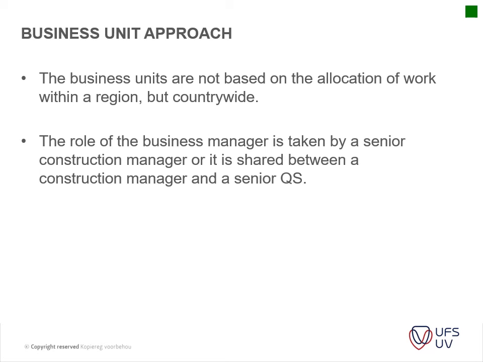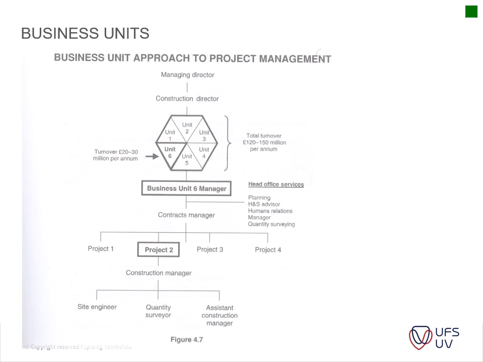Okay, the business unit approach is basically the same, but your business is divided in such a manner that the organizations are divided according to the work, and not within a region, but also countrywide. So the role of the business manager is taken by a senior construction manager, or it is shared between the construction manager and the senior QS. It looks typically like this: your business is divided into different units according to the work.